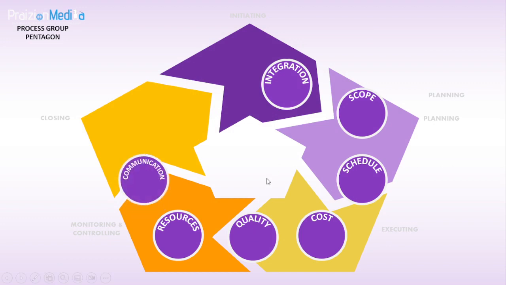Then we get into the next knowledge area of communications. Communications is all about communicating. I often tell my students the 5 W's and the H. That is what communication is all about: the what, the where, the when, the why, the who, and the how of communicating. We plan, we execute. In other words, we communicate. And research has shown that the project manager spends anywhere from 70 to 90% of the time communicating.